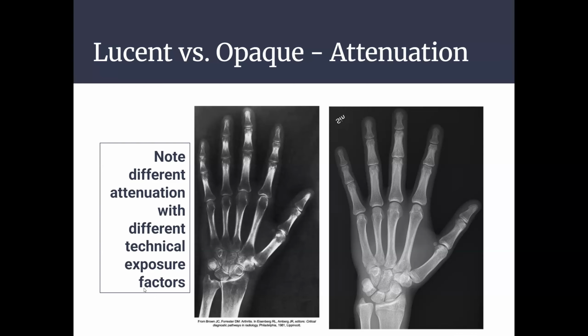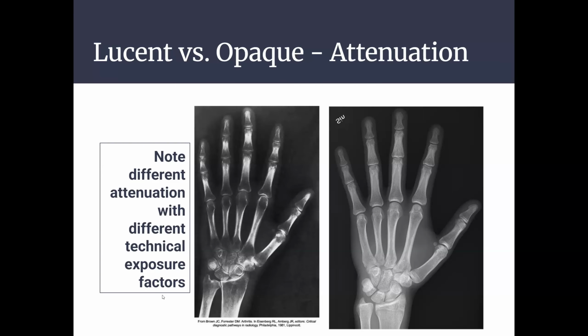They set the settings on the machine too high with too much power, kilovoltage, and it just blew right through the bones. Remember, I was telling you that if you set your factors so high and you make the beam too powerful in comparison to the object, it's going to have very little attenuation because it's going to be more powerful than the object.